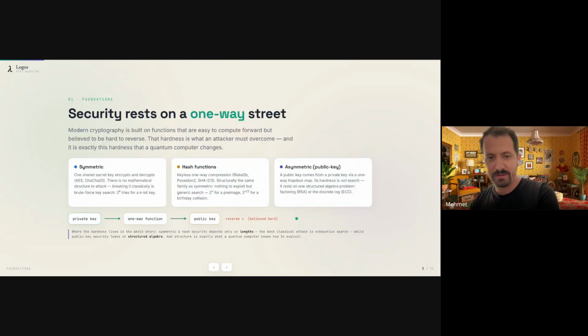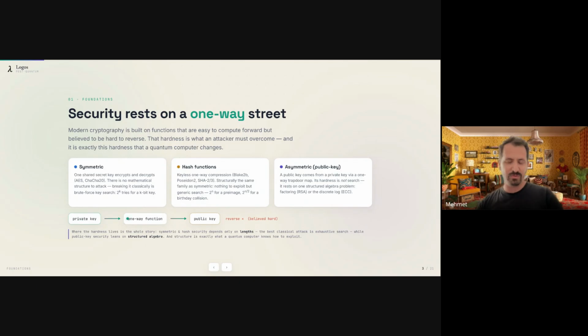For the basic information, in cryptography we have two main algorithms. The first one is symmetric cryptography, and the other one is asymmetric cryptography. For symmetric cryptography, you use the same key for encryption and decryption. For the asymmetric part, you use different keys, the private key and the public key.